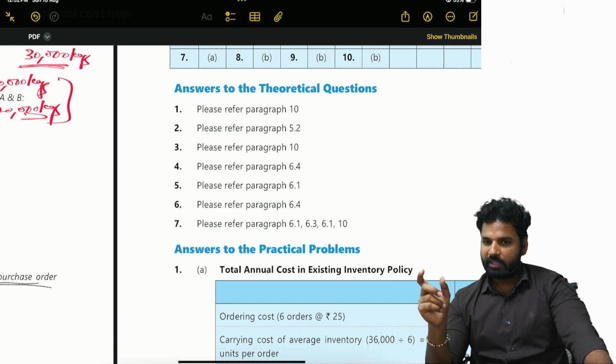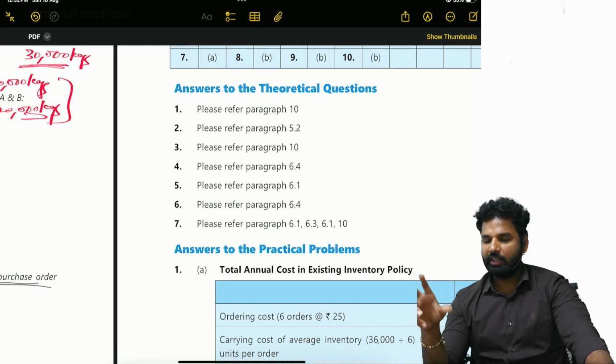So we have ABC analysis, we have fast, slow, and non-moving items, we have vital, essential, and desirable goods, and we have high, medium, and low value goods. In that also we have seen some numerical questions where we are categorizing as A, B and C.